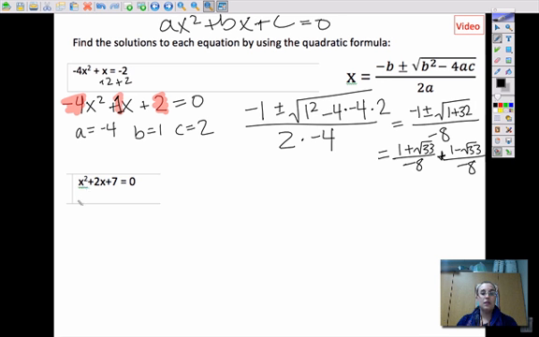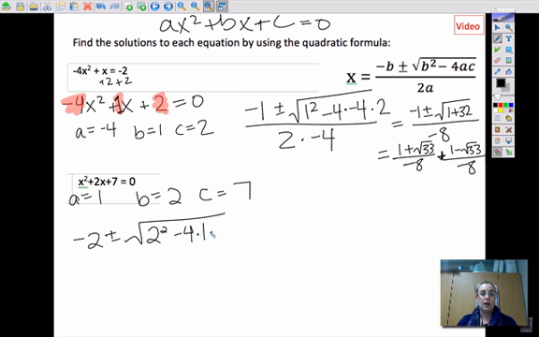In this case, I'm going to have an a of 1, a b of 2, and a c of 7. A is the coefficient, or the multiplication constant, of the x squared term, b is the coefficient of the x term, and c is the constant term. So negative b plus or minus the square root of b squared minus 4 times a times c, all divided by 2a.